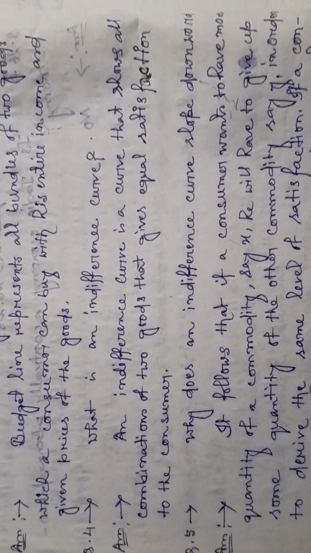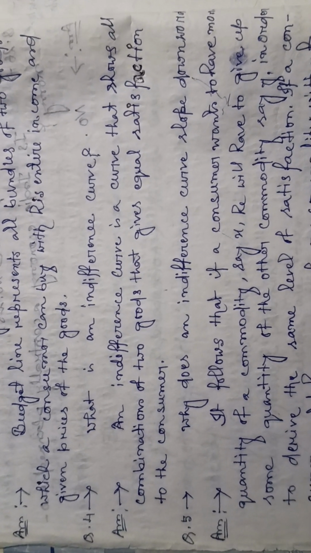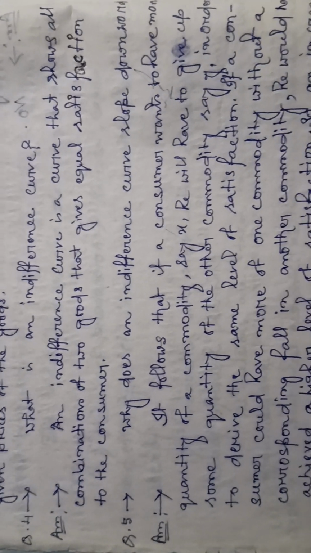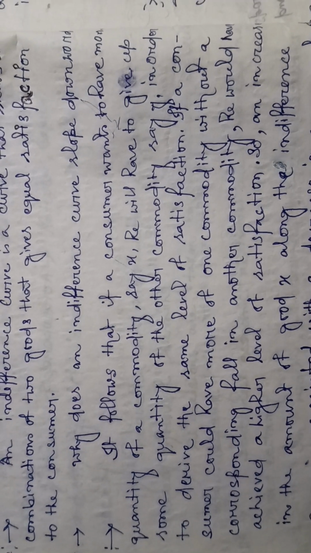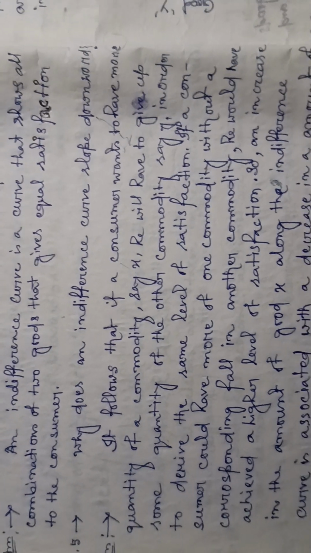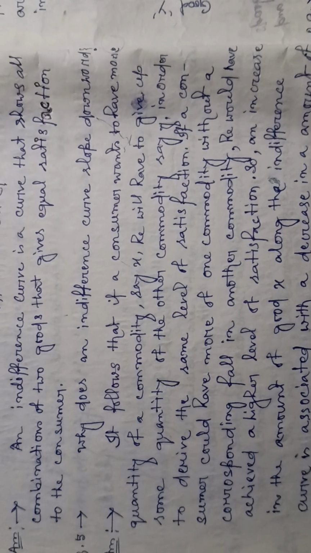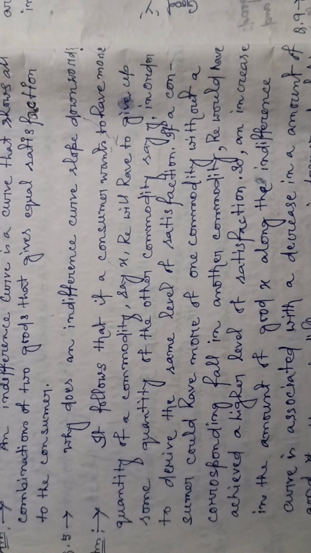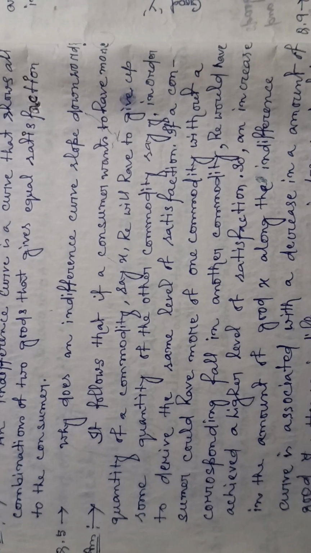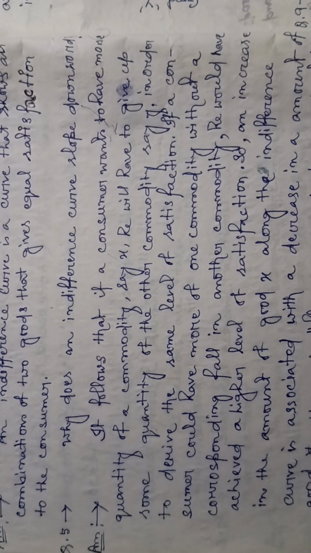What is an indifference curve? An indifference curve is a curve that shows all combinations of two goods that give equal satisfaction to the consumer. Why does an indifference curve slope downward? If a consumer wants to have more quantity of a commodity, say X, he will have to give up some quantity of the other commodity, say Y, in order to derive the same level of satisfaction.